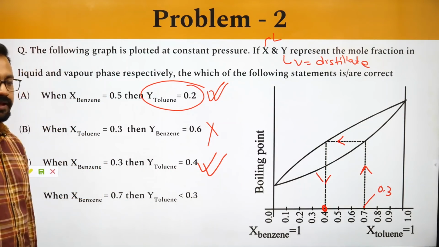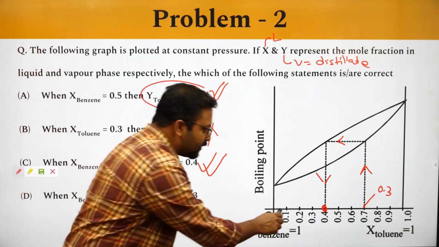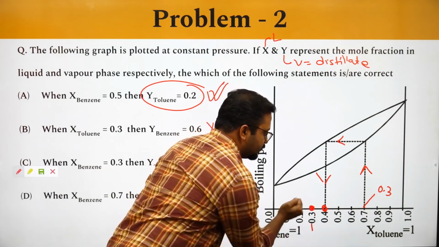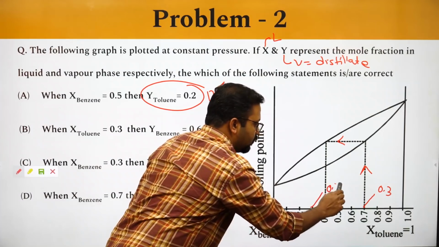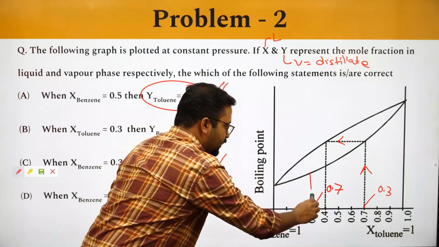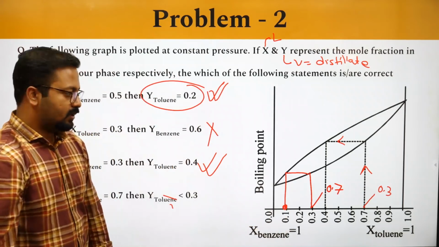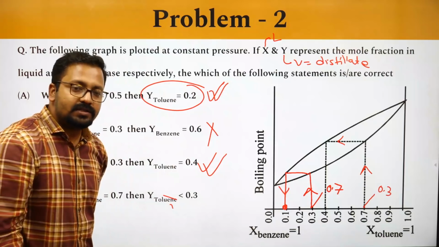Benzene is 0.7, then toluene is less than 0.3. Benzene is 0.7 where? यहाँ पे. Over here benzene is 0.7. I boil this solution. I obtain a distillate.